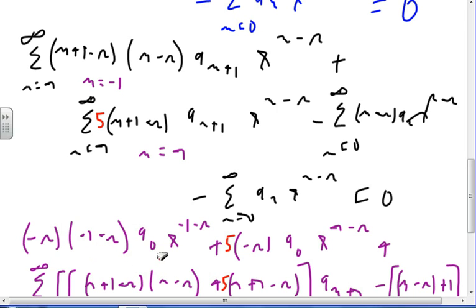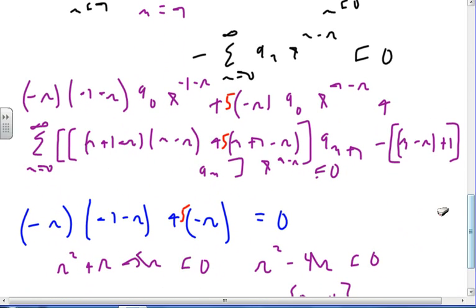So minus 1 minus r, minus 5r, 5 minus r, there's no minus sign there, minus r squared minus 5r, giving me r squared minus 4r.